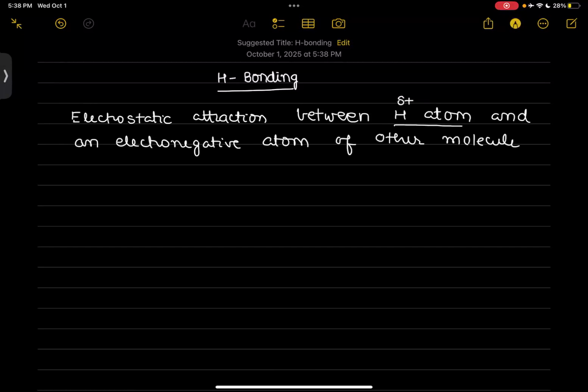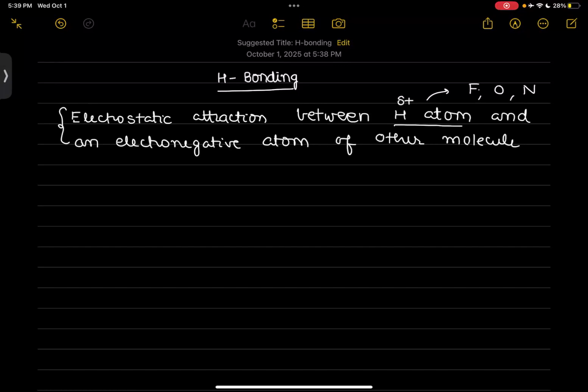The H atom should be connected to fluorine, oxygen, and nitrogen because they have a tendency to pull the electron. And if the hydrogen atom is connected to them, the H will have a partial positive charge and it will get attracted by the other partially negative atom.